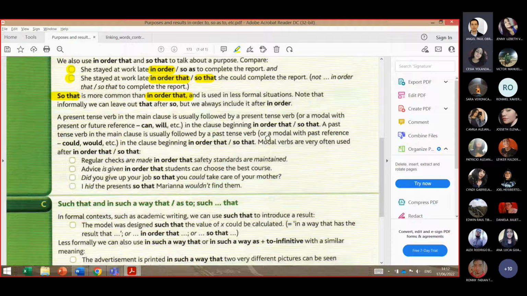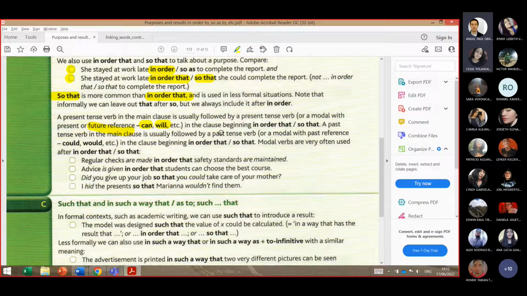Es seguida por un verbo en el presente. Puede tener un modal verb, como por ejemplo can, o una referencia futura, ¿no? Como sería will. Aquí podemos tener el can, que es un modal verb, cualquiera de los modal verbs, o también el will.